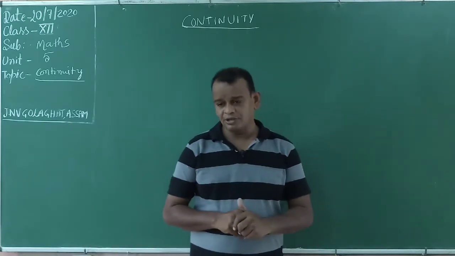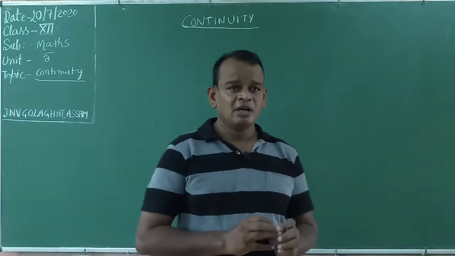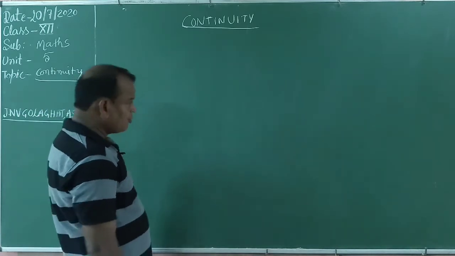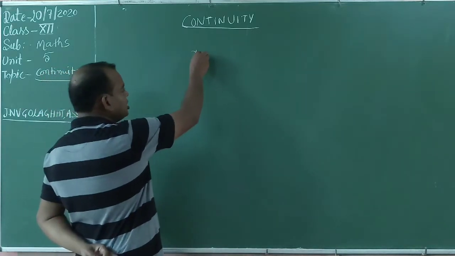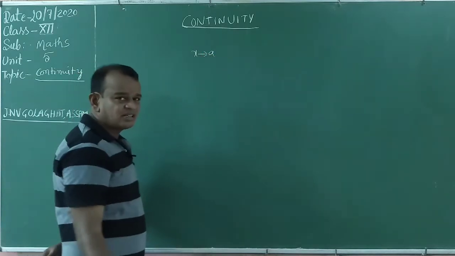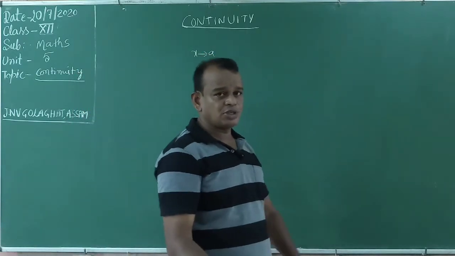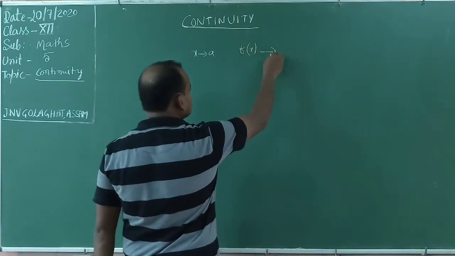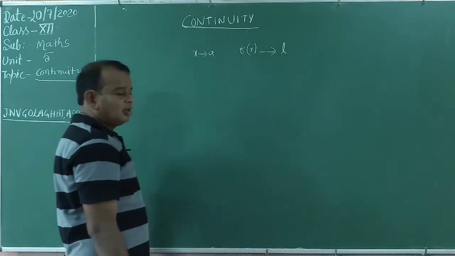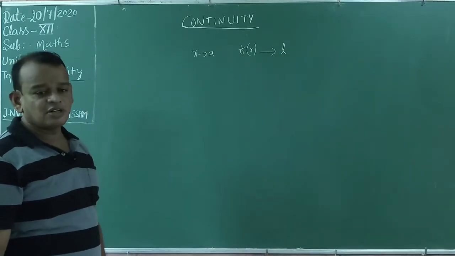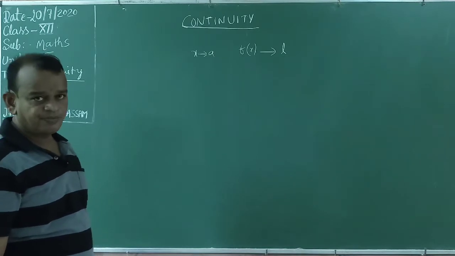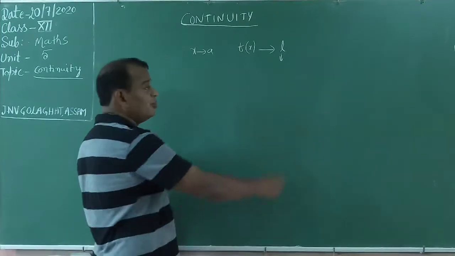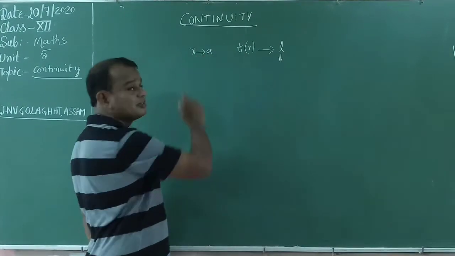Now, what is the meaning of the limit? You know very well; I already explained that in class 11. When x approaches a, meaning x reaches a from the right side or the left side, whatever it may be, the function value f of x approaches something, L. Then this L is called the limit value of the function at x equal to a.